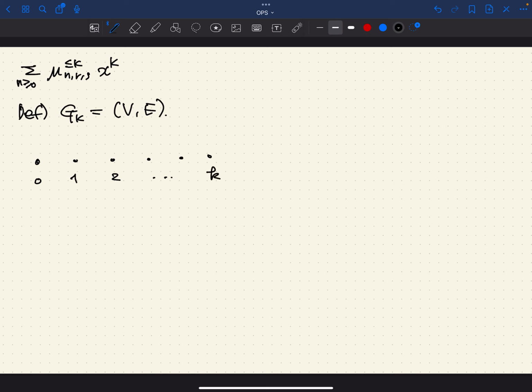And the edges are like all loops are possible. And you can go to any adjacent integers like this. And then we need to define the weight. Loops have weight b_0, b_1, and so on.